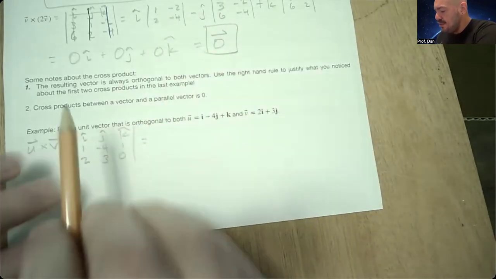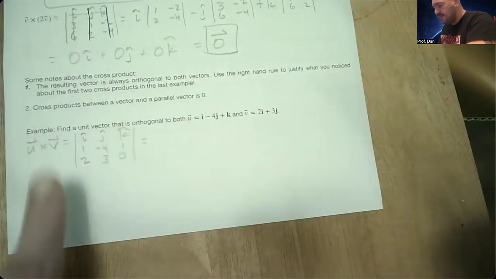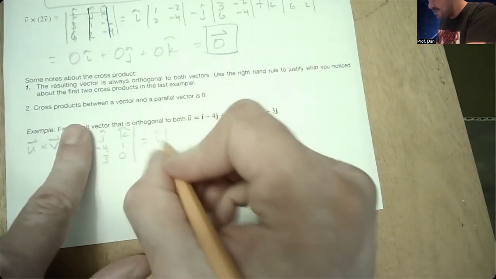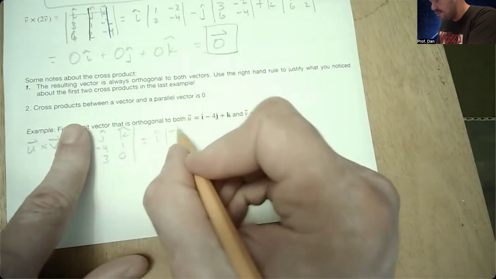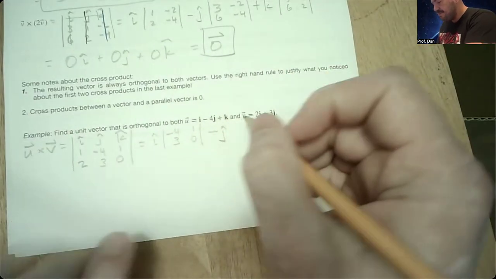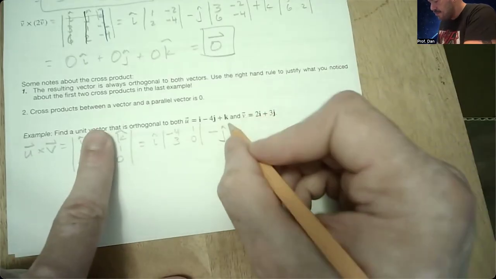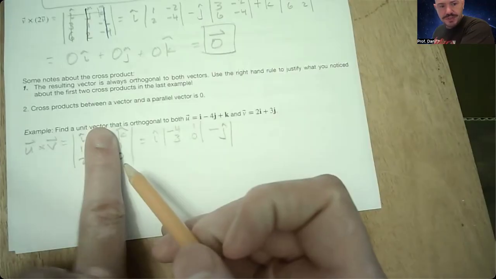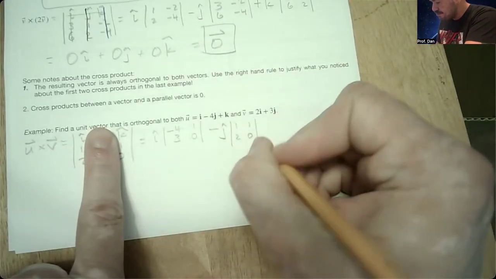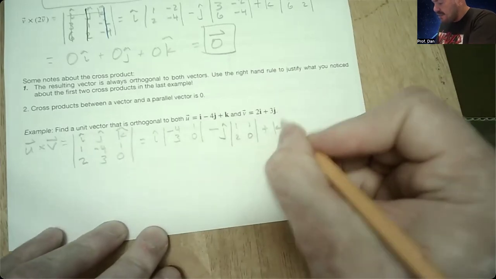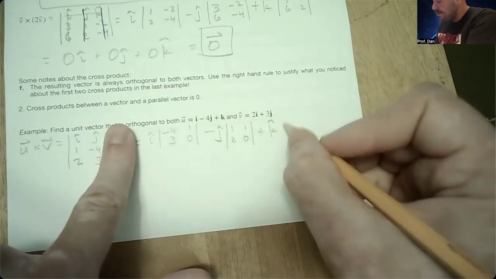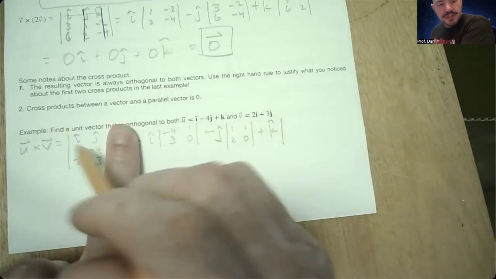And using our same approach, if I cover up the i, I end up getting i times the determinant of this 2 by 2, minus j times the determinant of 1, 2, 1, 0 when I cover up the j column, plus k times the determinant of this 2 by 2 when I cover up the k column.